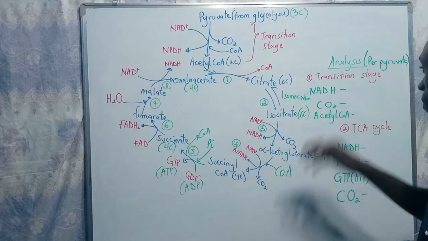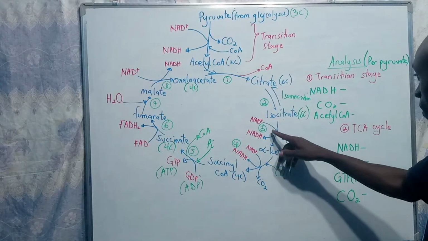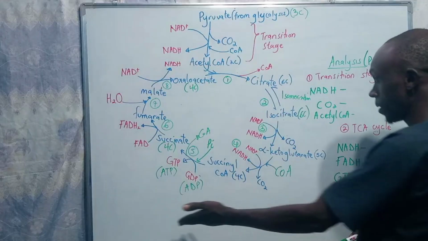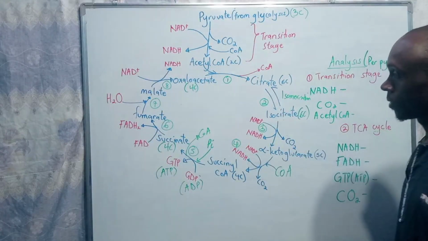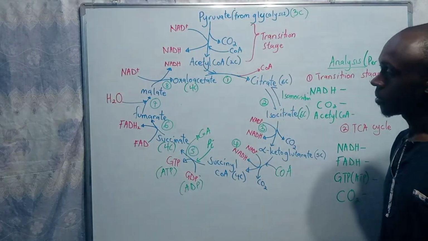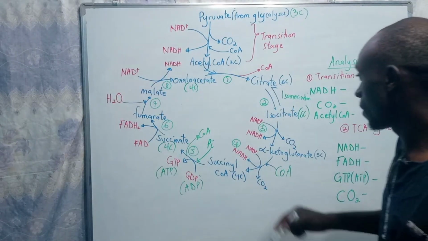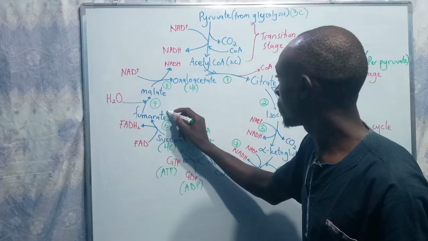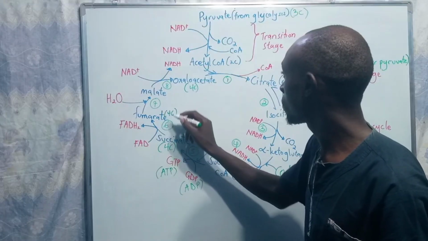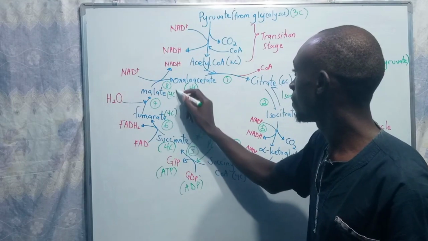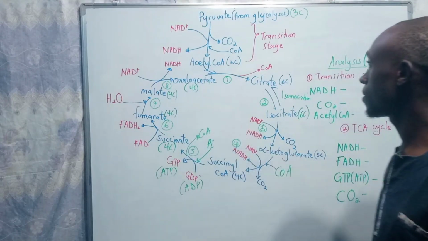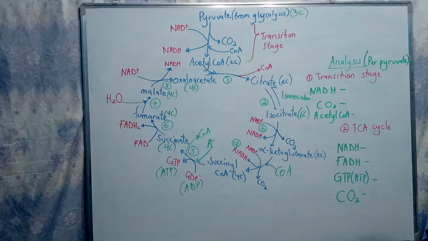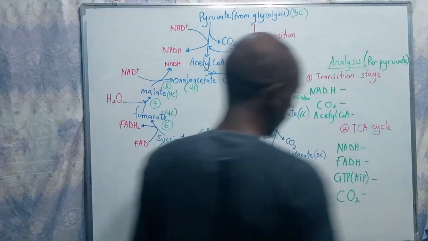Decarboxylation normally takes place from stage number 3 to stage number 4, only those 2 stages. The remaining stages do not have any decarboxylation, so the remaining molecules maintain the number of carbon atoms. Still here we have 4 carbon atoms in the malate, and the oxaloacetate still has 4 carbon atoms.